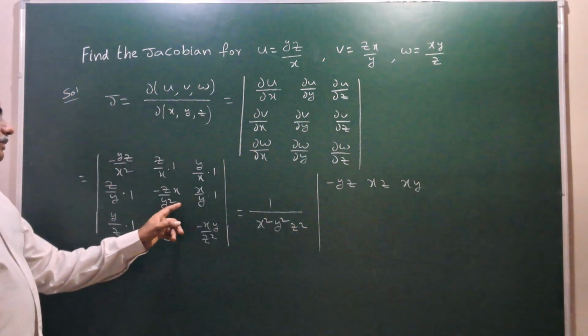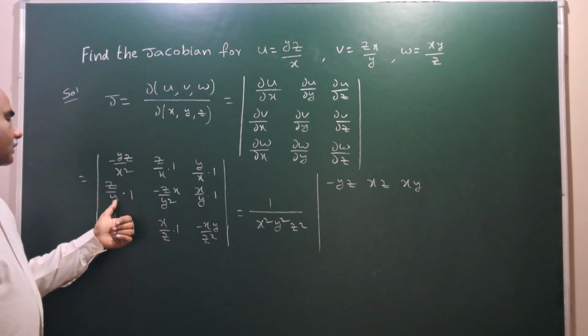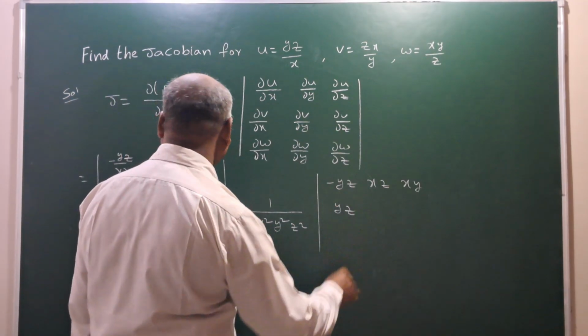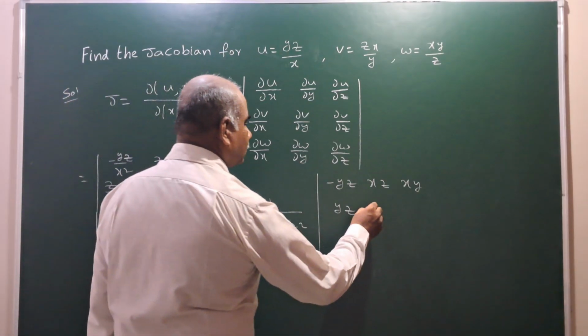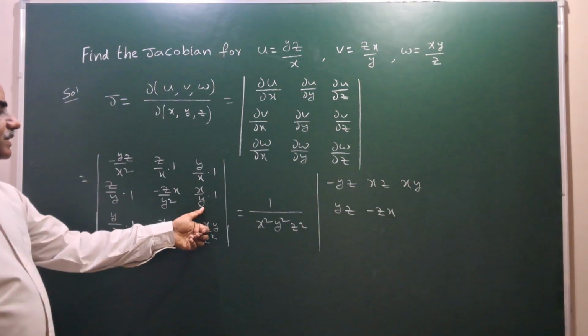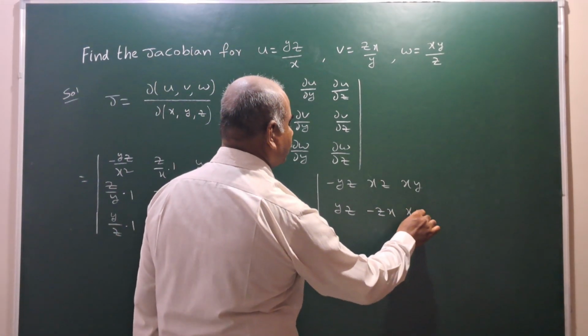In the second row, we take y square as common. Here y is only one, so this can be written as yz. Here y square and y square coincide, so it is equal to minus zx. Here only one y is there, so this can be expressed as xy.